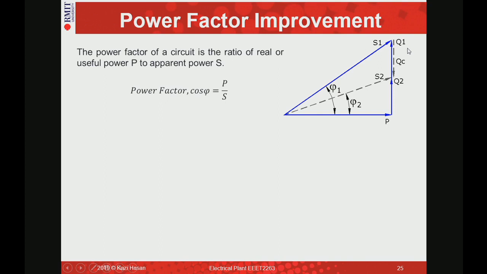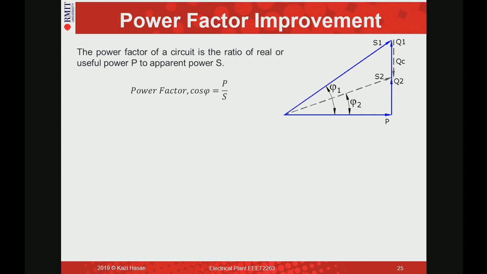First let's consider the bigger triangle, P and Q1. Our real power is P, our reactive power is Q1, our apparent power is S1, and our phase angle is phi 1. If you take cos phi 1, that gives you the power factor for the first case.